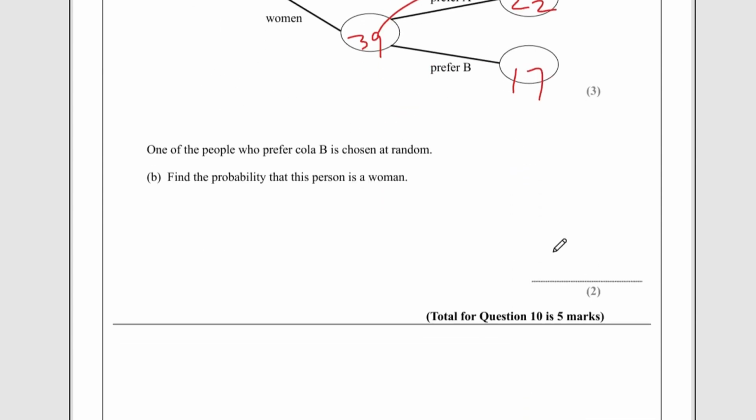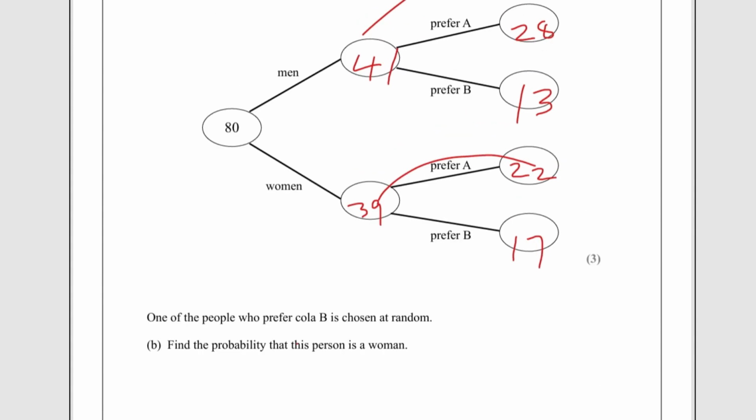Okay, so quite easy. Now the next thing they said, find the probability that one of the people who prefer cola B is chosen at random. Find the probability that this person is a woman that prefers cola B. How many people prefer cola B?